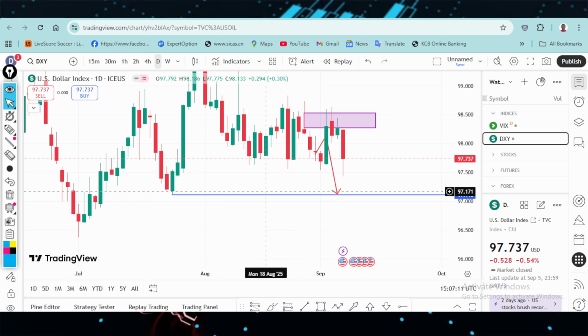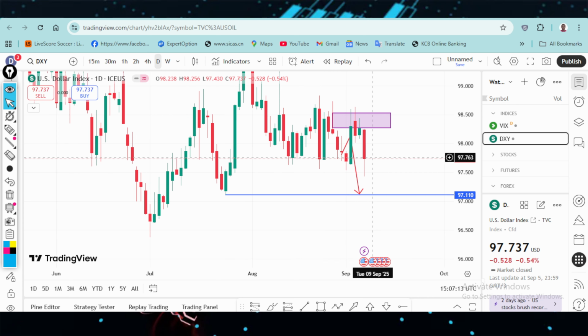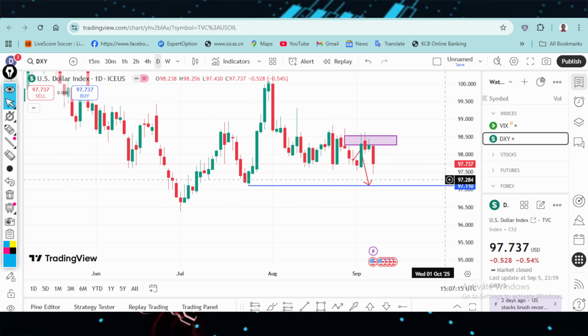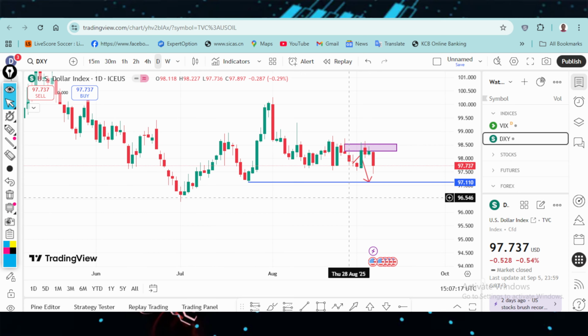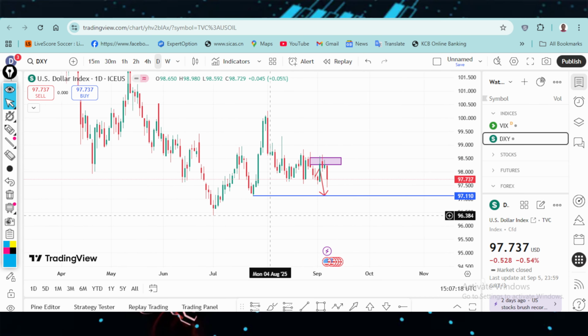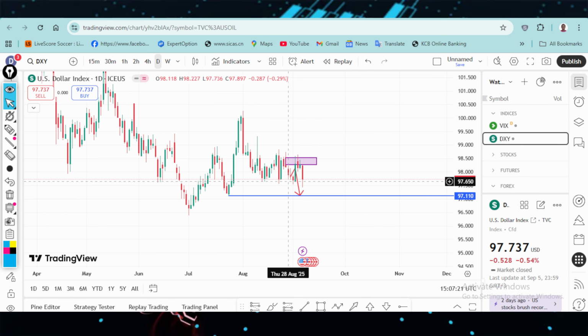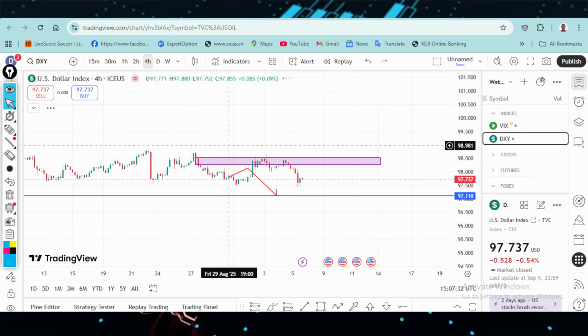The target was actually at 97.11. I was expecting it to break these lows, but unfortunately it didn't, even though the market just closed on Friday. It was not able to close this. Okay, that was on the daily.